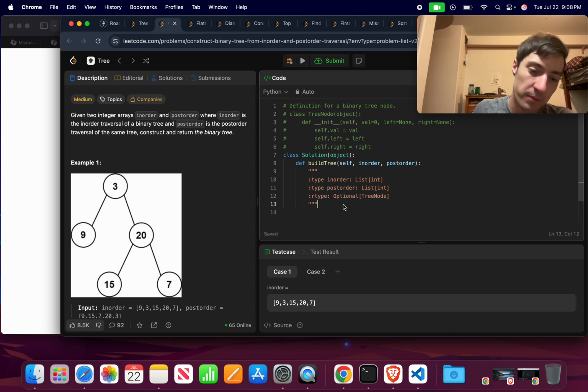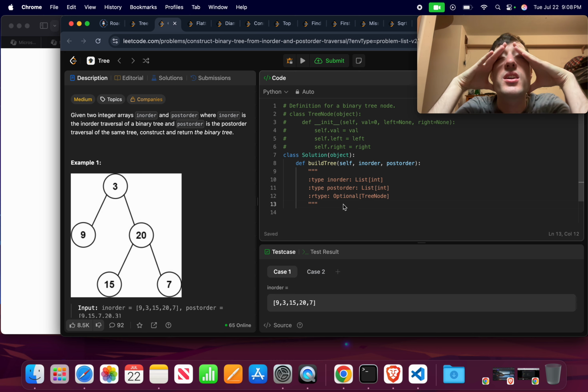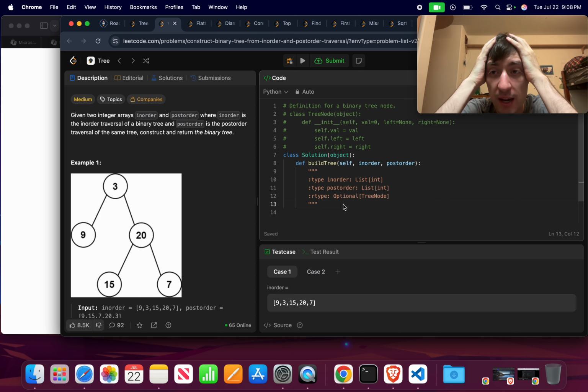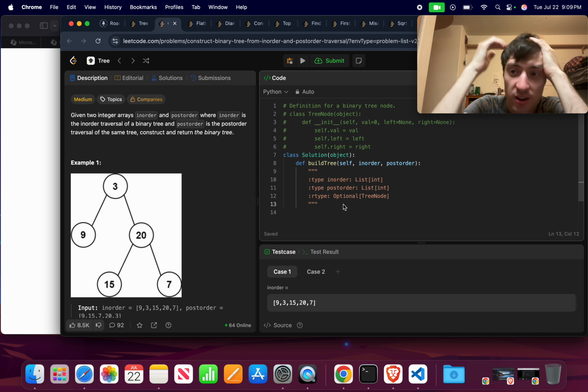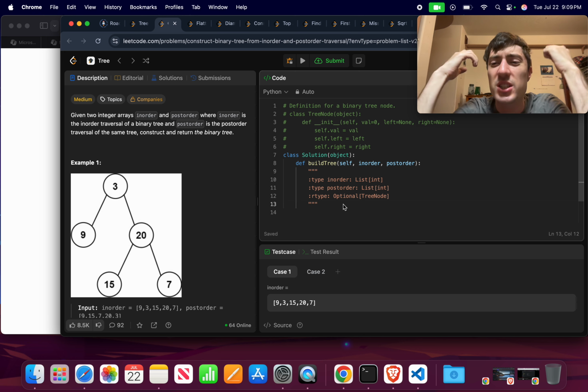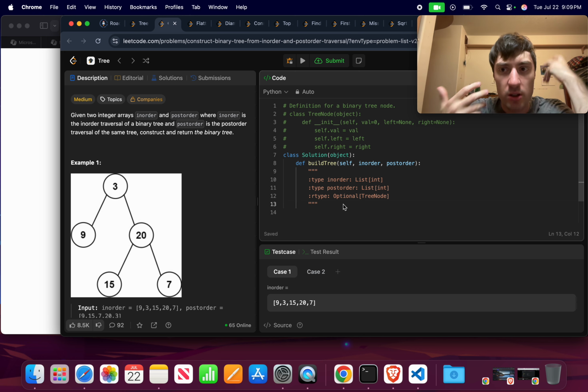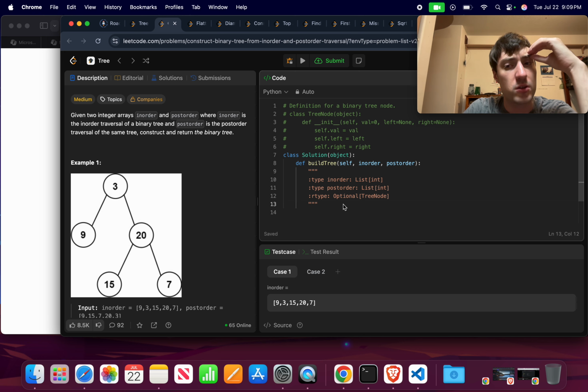Okay, so I remember kind of what the idea was. The Inorder gives you some information about the tree. Postorder also gives you some information about the tree, and it was something along the lines of where it splits, right? So if I'm thinking about this, Inorder tells me where it splits, right?